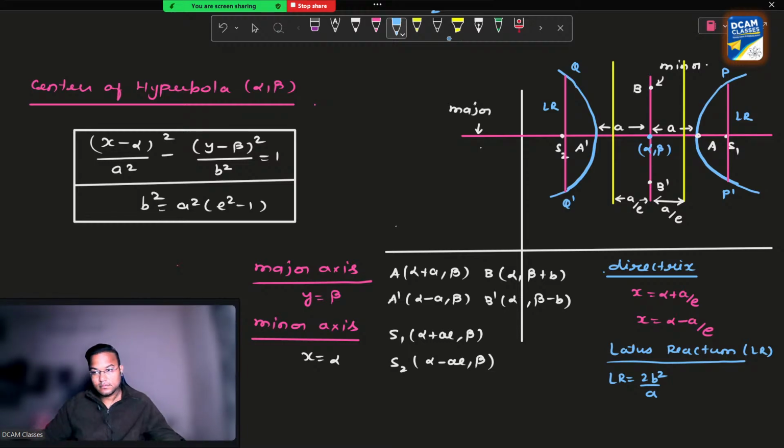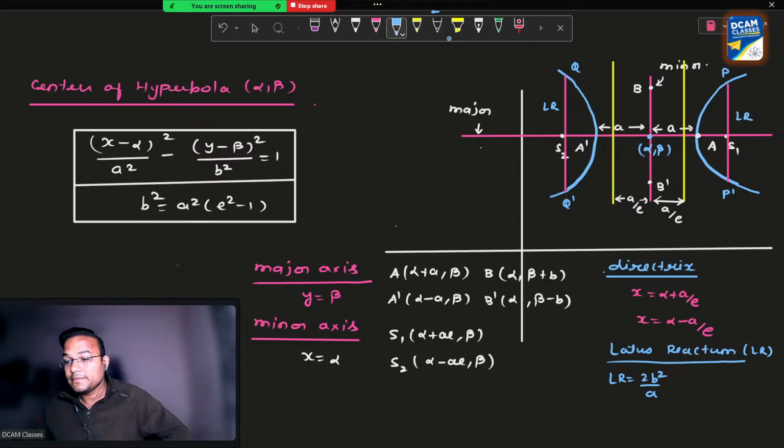So the ends of latus rectum and the equation of latus rectum are also required.